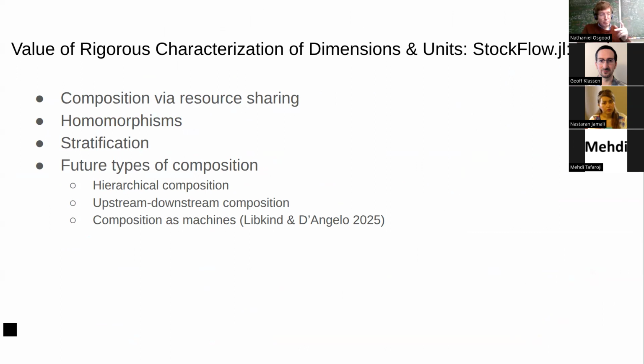Dimensional information can add constraints to our manipulations of these quantities categorically, like computing homomorphisms. And that may sound bad. It's like, oh, you're getting restrained, you're getting constricted, now you're limited in what you can do.